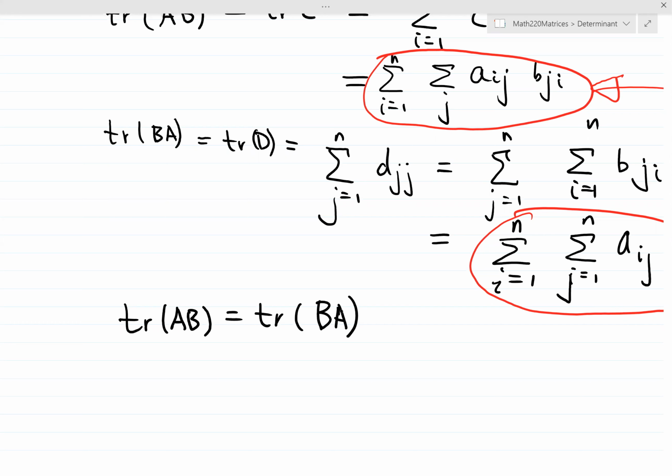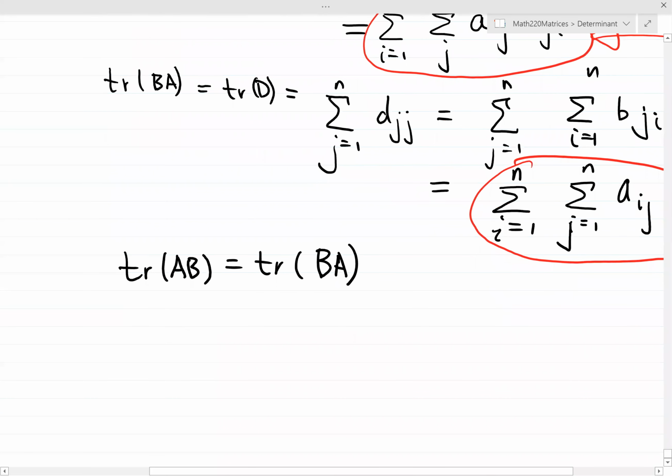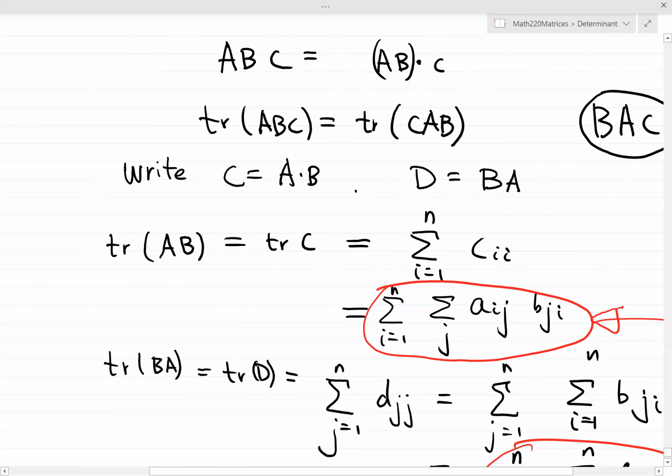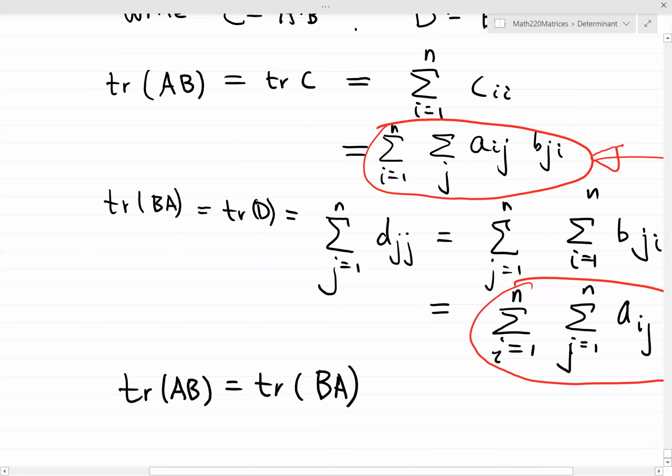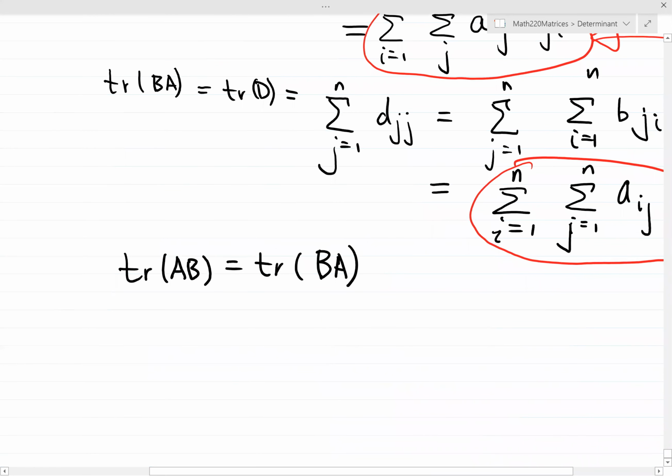Once we take the trace, we recover the commutative property for two matrix multiplication. In general, you should be careful: for three matrices, we don't get arbitrary order. The order actually matters. So it's not completely commutative when we take the trace.